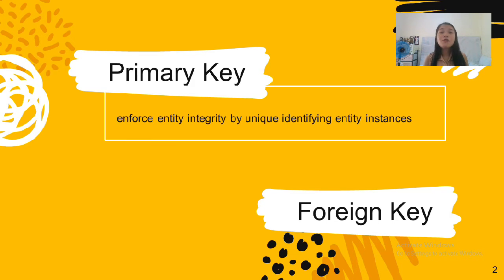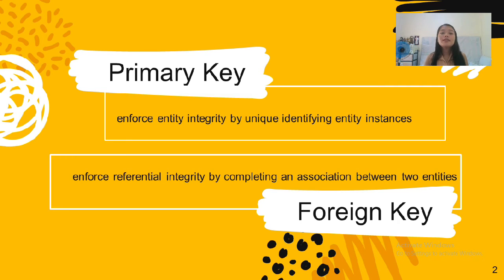Primary keys enforce entity integrity by uniquely identifying entity instances, in other words, each row in the table. Foreign keys, on the other hand, enforce referential integrity by completing an association between two entities. Basically, it is a primary key embedded in the related table so that two tables can be linked.